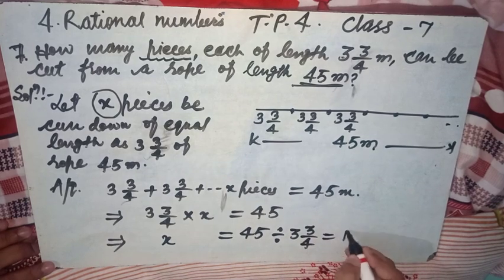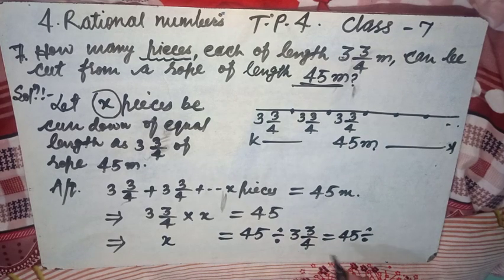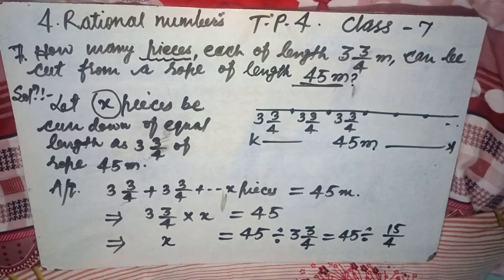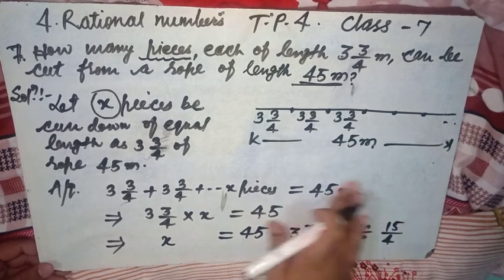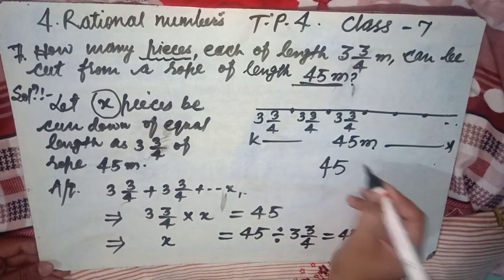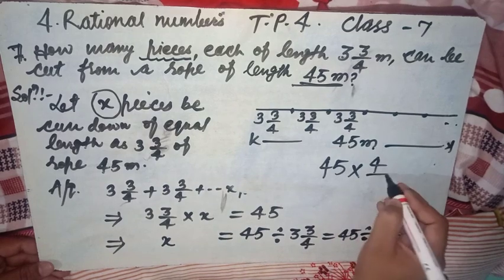Now this is 45 divided by, now turn this into an improper fraction: 4 times 3 is 12, 12 plus 3, that is 15 by 4. Okay, now see here, this can be written as 45 multiplied by 4 by 15.